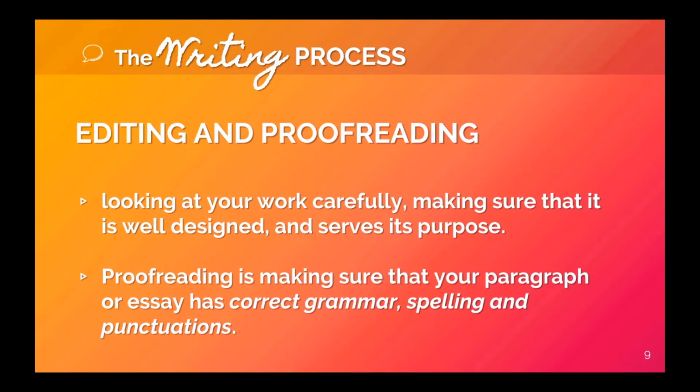So, if in your draft you have put all your ideas, and in revising you have reviewed them, now in editing and proofreading you correct the mistakes in terms of grammar, tenses, spelling, punctuation, and format. So this is the technical side.